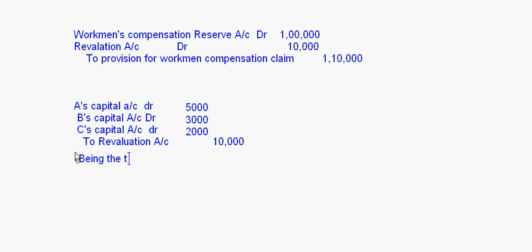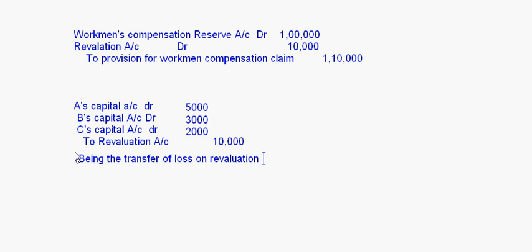Now here this is being the transfer of loss on revaluation, because that is the excess amount, that will be a loss. That loss will be distributed among the partners, right?